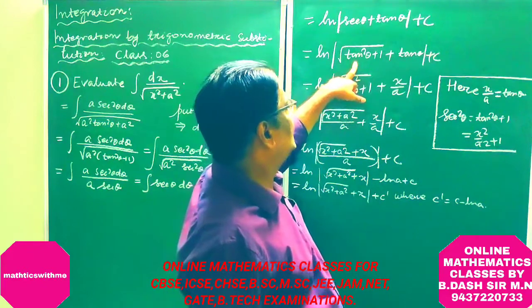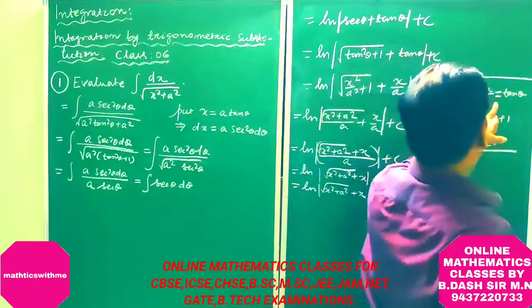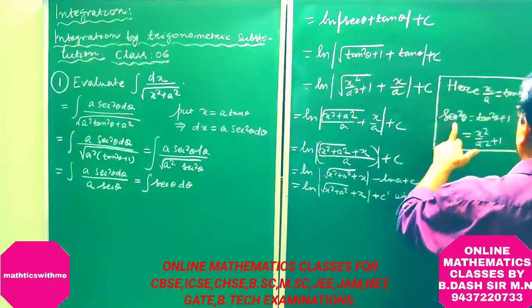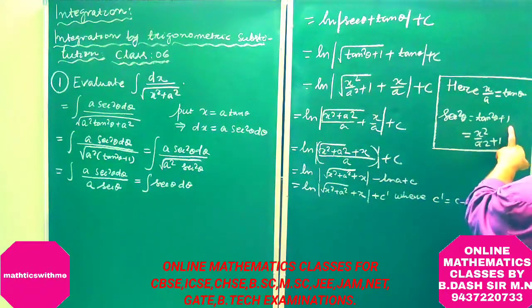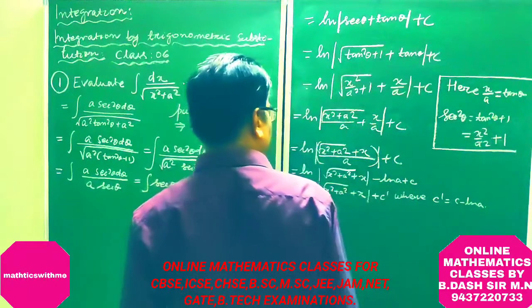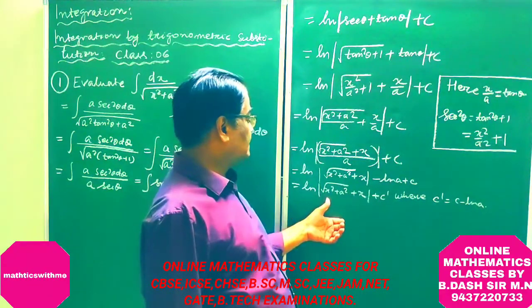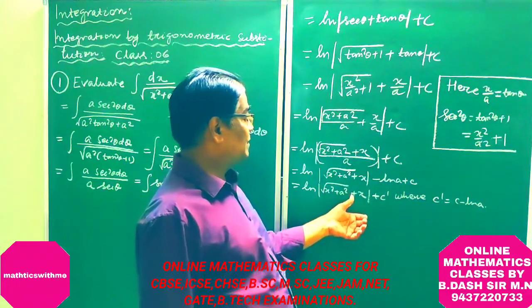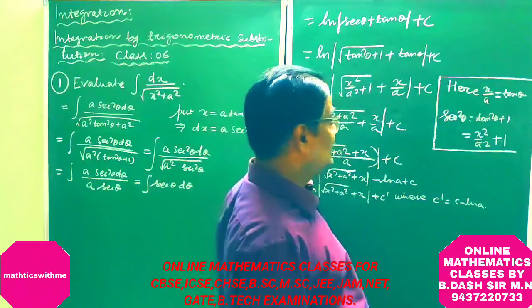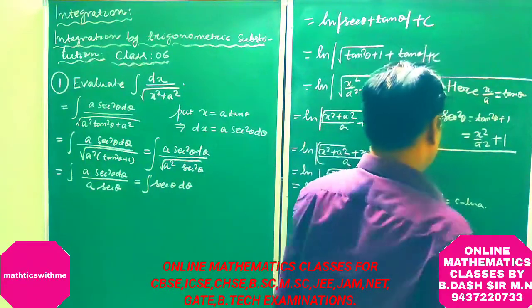Here x by a is equal to tan theta, so sec square theta is equal to tan square theta plus 1, which is x square by a square plus 1. Now putting the value and after simplification we get ln of the mod of root over x square plus a square plus x, plus c dash, where c dash is equal to c minus ln a. Answer.